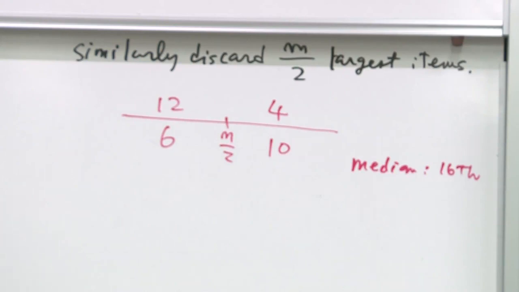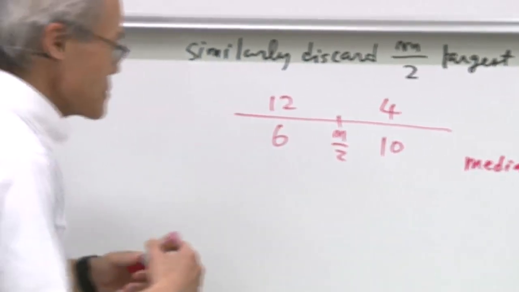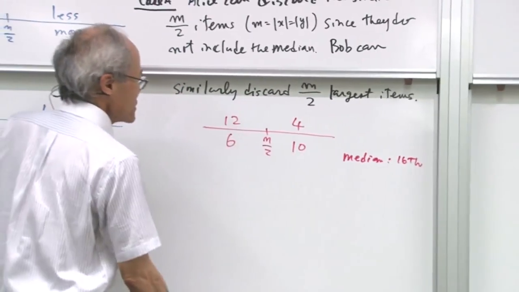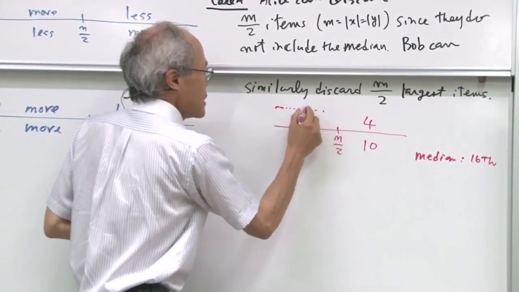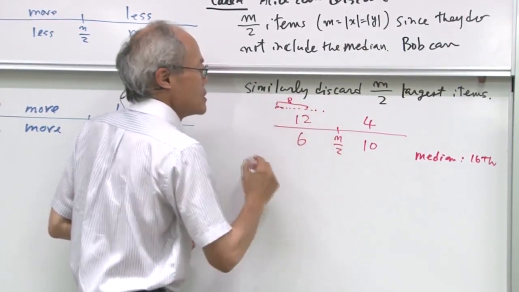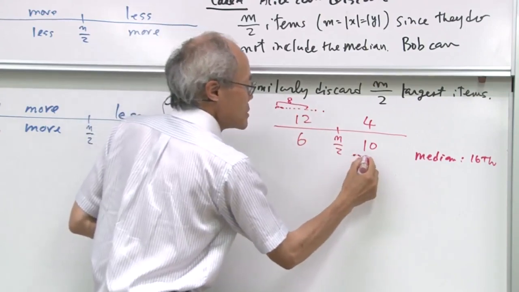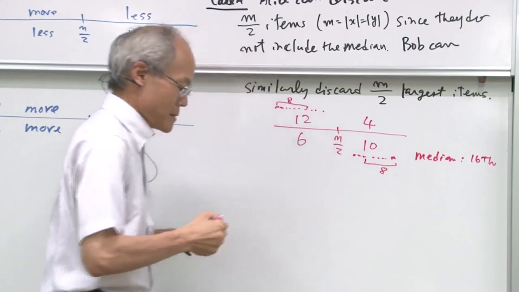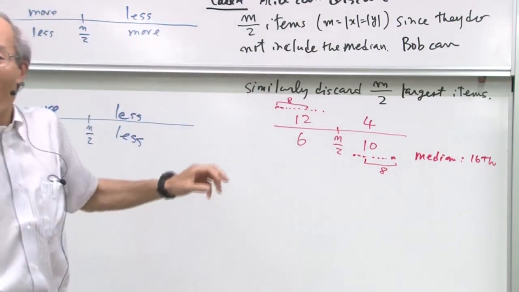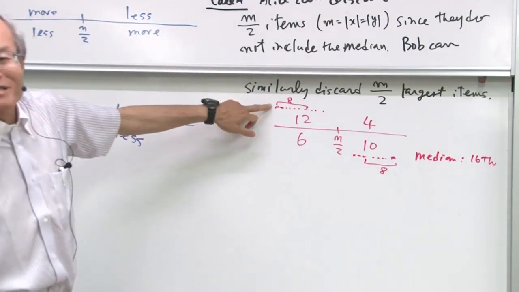Why is this okay? We have 12 numbers and 8. We have 10 numbers, 8. Why is there no median in these 8 numbers?